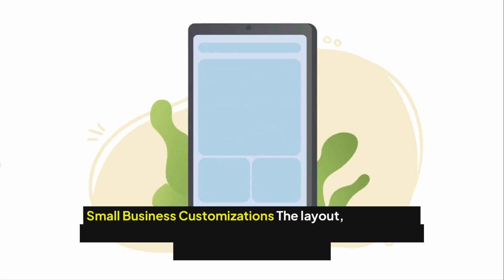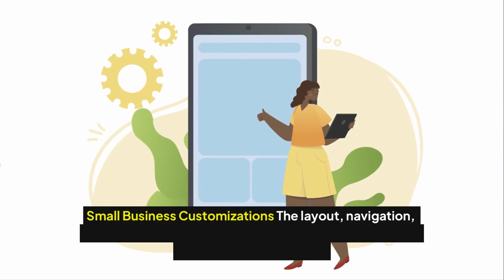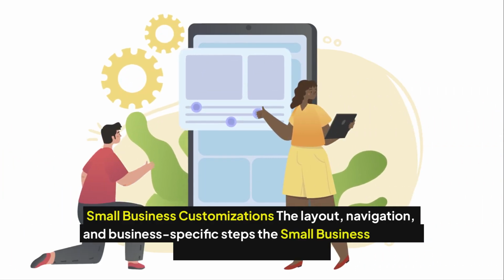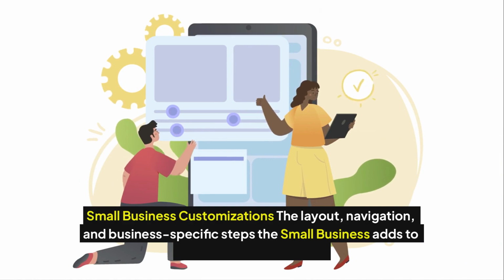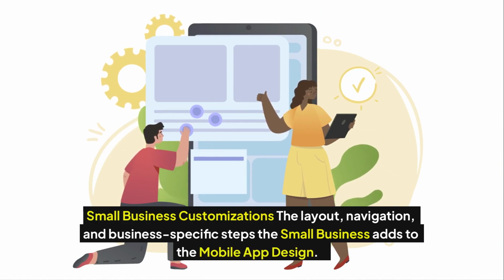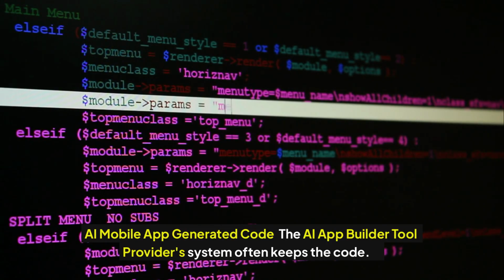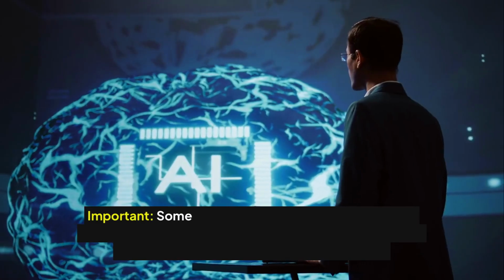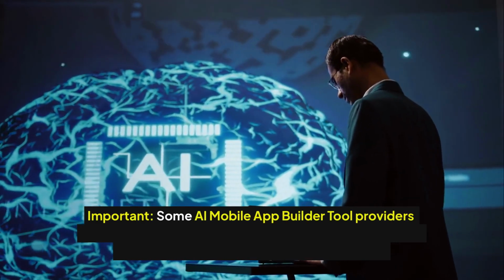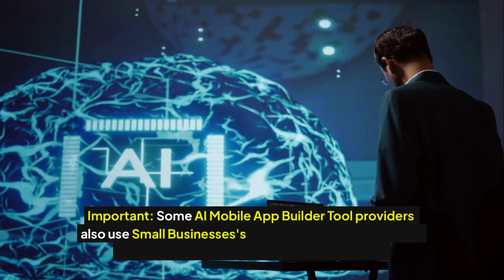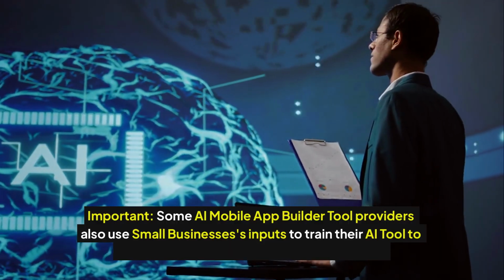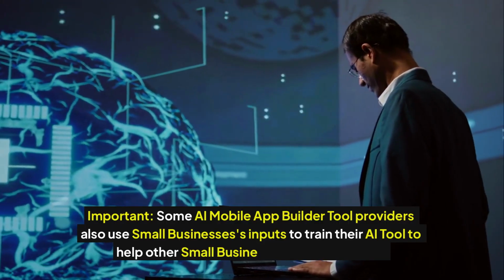Small business customizations: the layout, navigation, and business-specific steps the small business adds to the mobile app design. AI mobile app generated code. The AI app builder tool provider's system often keeps the code. Important: some AI mobile app builder tool providers also use small businesses' inputs to train their AI tool to help other small businesses use the AI tool.